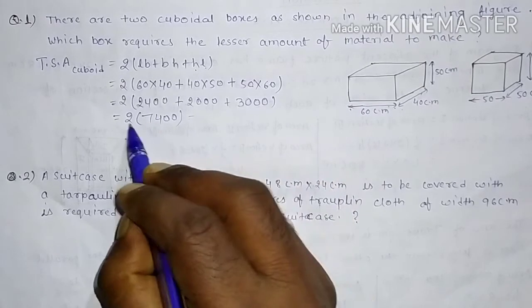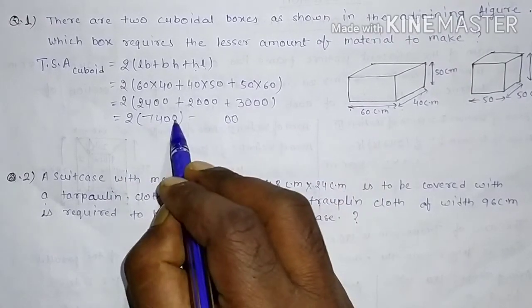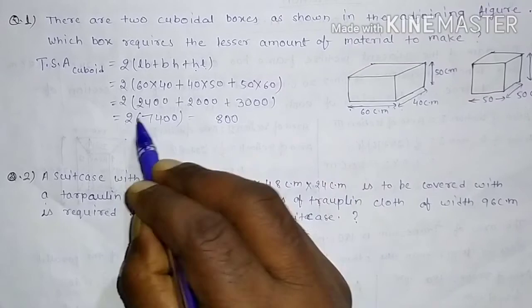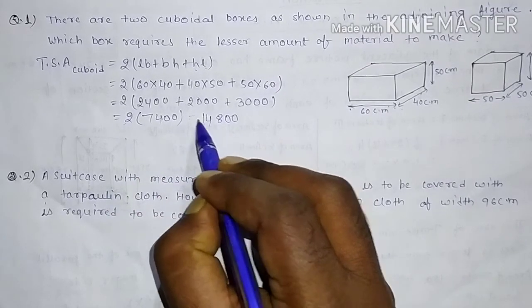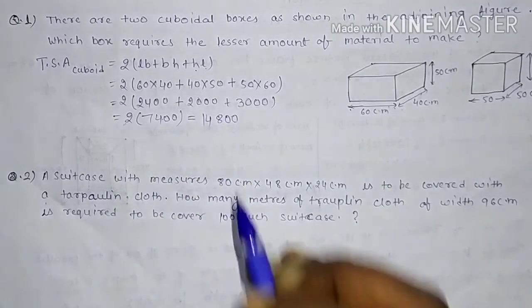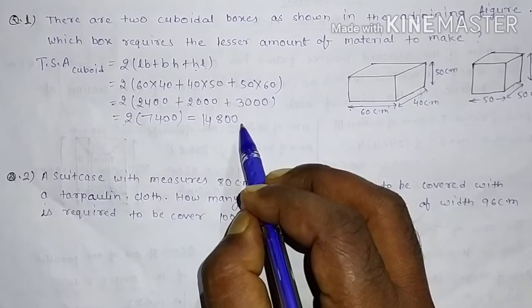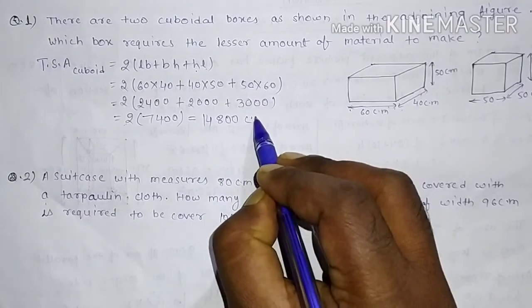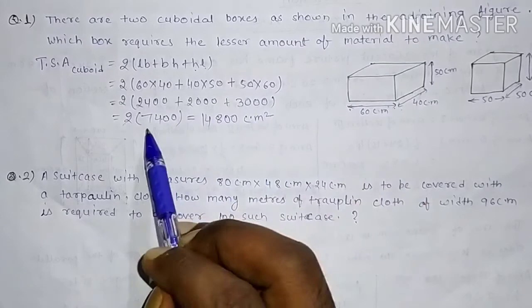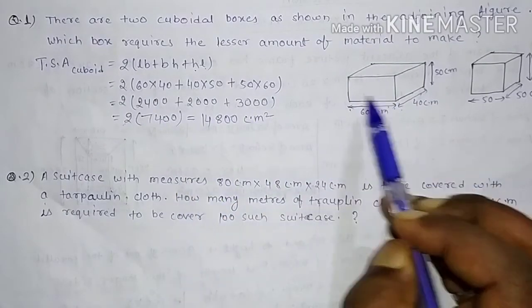Now multiply it by 2: 2 times 4 is 8, 2 times 7 is 14, so 14,800 centimeter square. This is the total surface area of the cuboid.